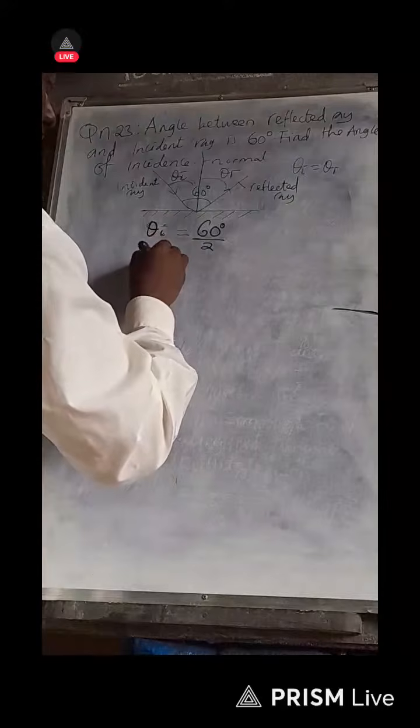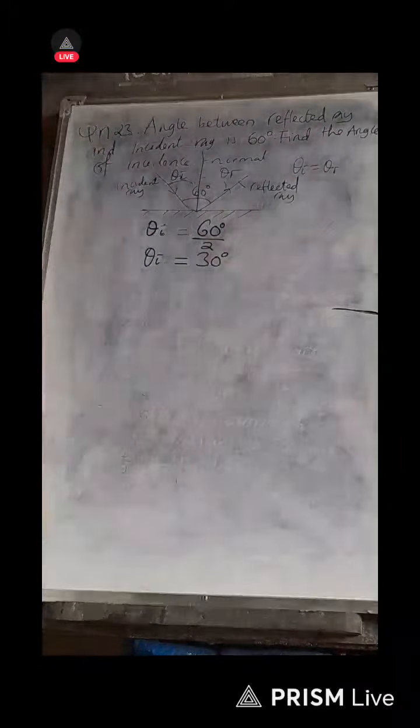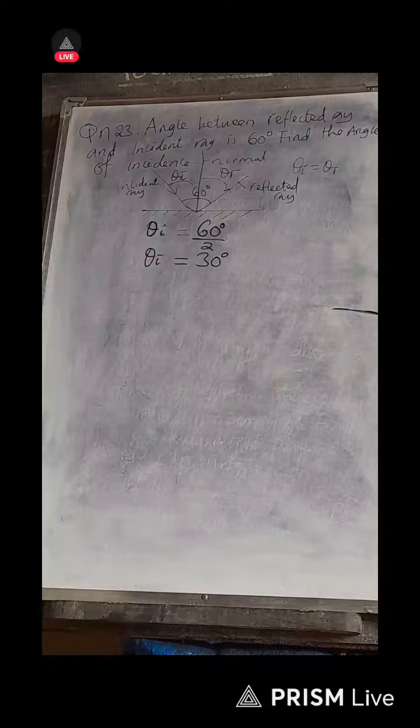So the angle of incidence is 60 divided by 2, and you are going to get 30 degrees. This is a very important concept and material to be noted. So there is no doubt.